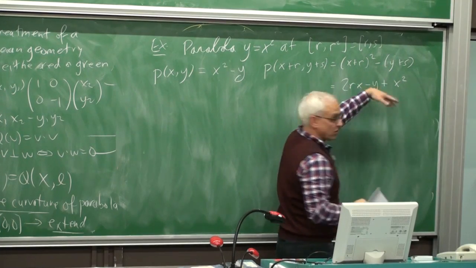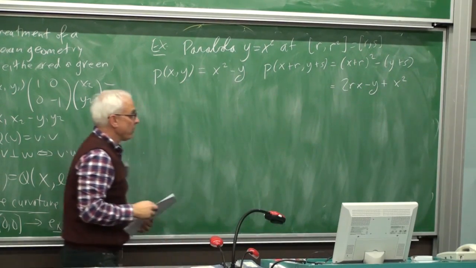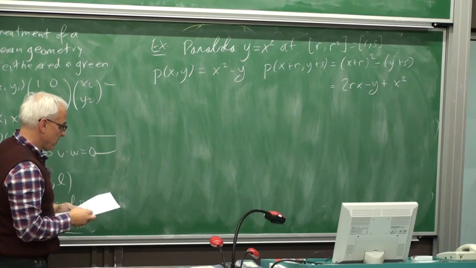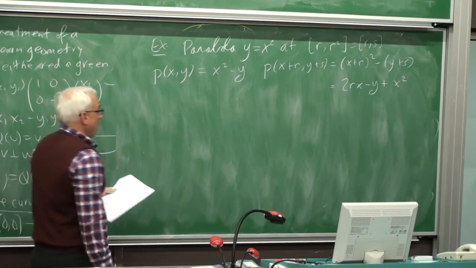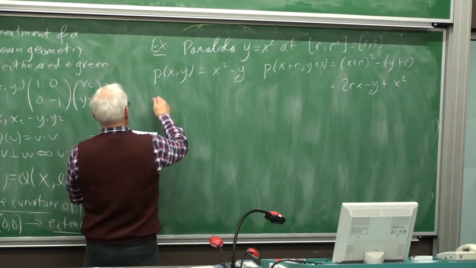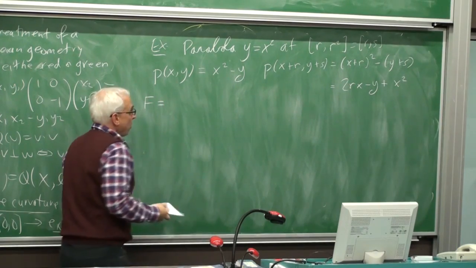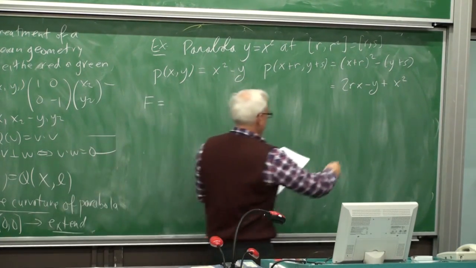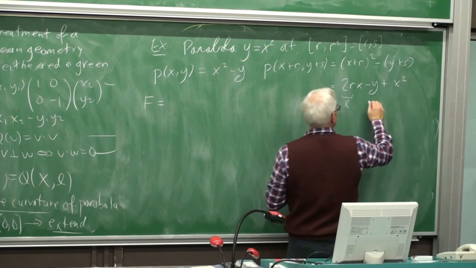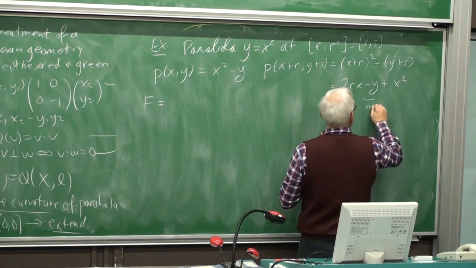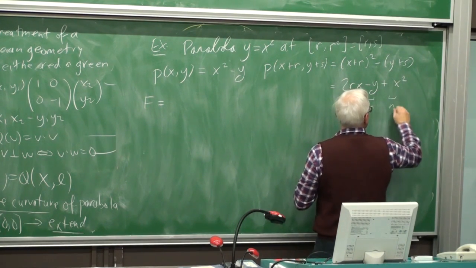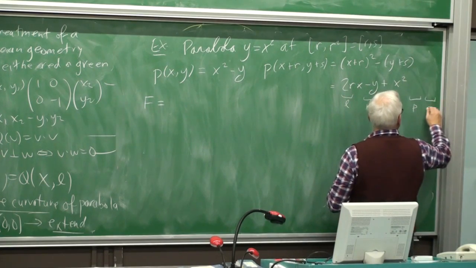The constant terms are going to be 0 because the point's on the parabola. Okay, so this is our l, this is our m. m is minus 1. This is an n. And the p's and the q's are 0.